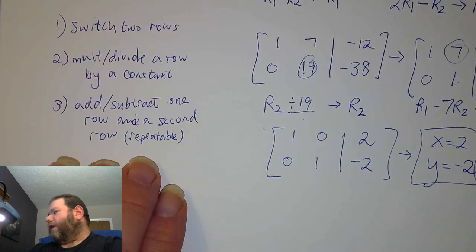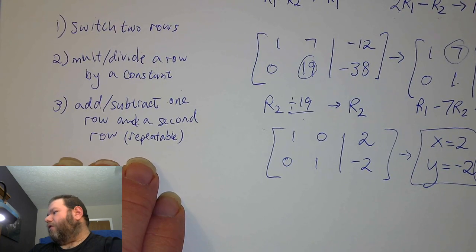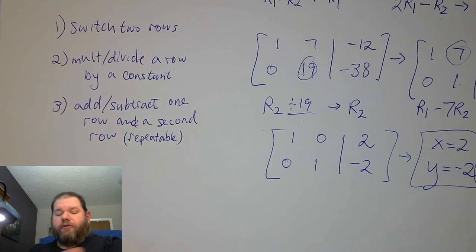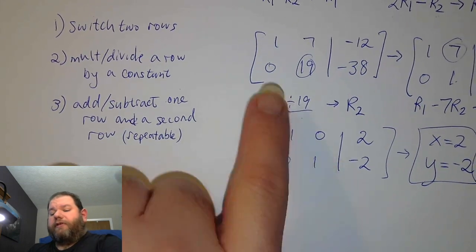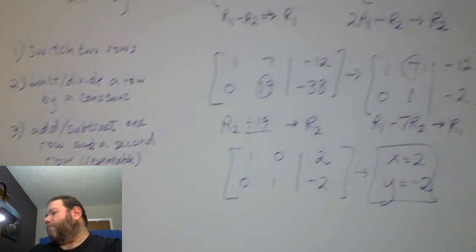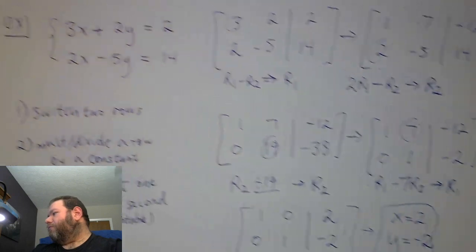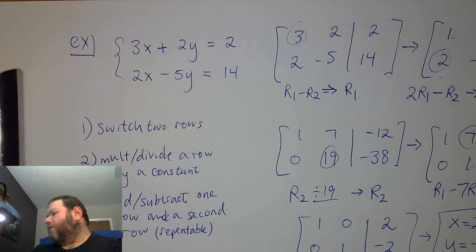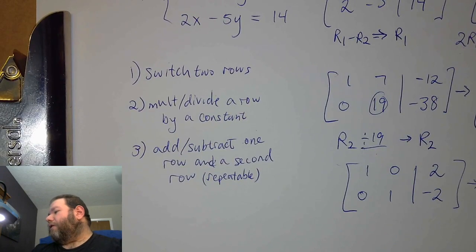Third principle is we can add and subtract one row and the second row. So basically, what we just did in this last step up there. Oh, I got you. Sorry, Geneva.